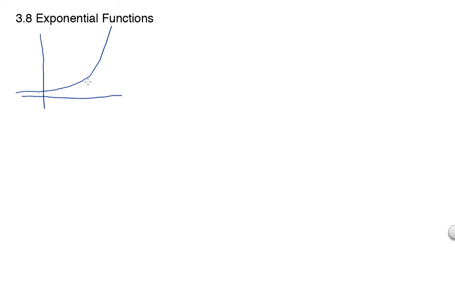The reason they do that is because the input value determines how many times we're multiplying by a certain multiplier. We often have the starting value, which I'll call a, and that's basically our y-intercept for this function. But it doesn't have to grow. It could decay as well.